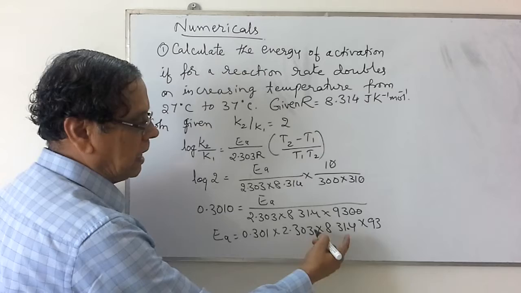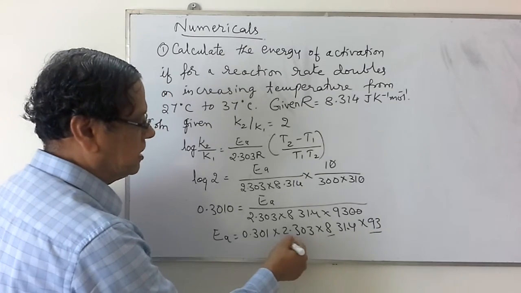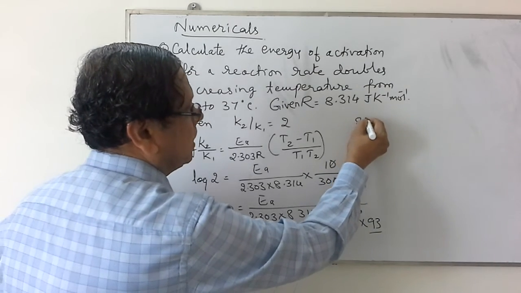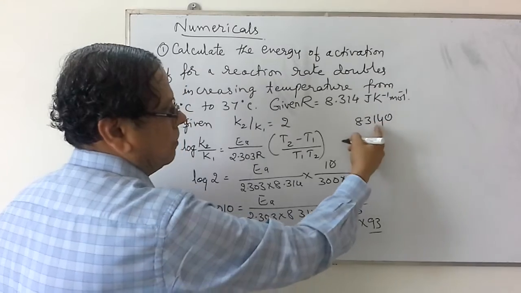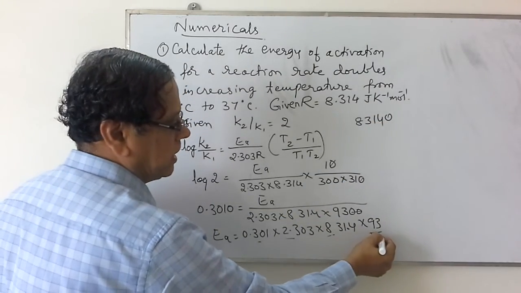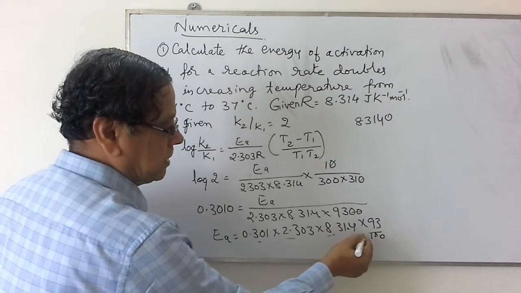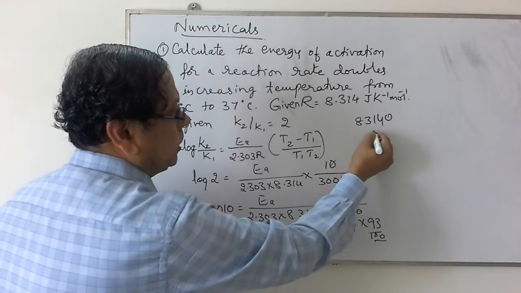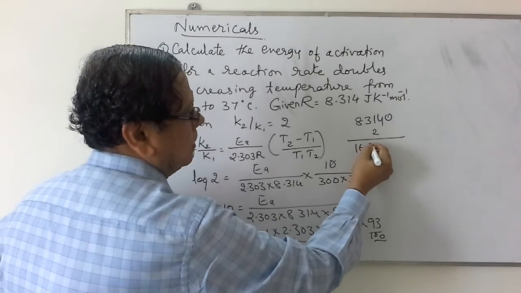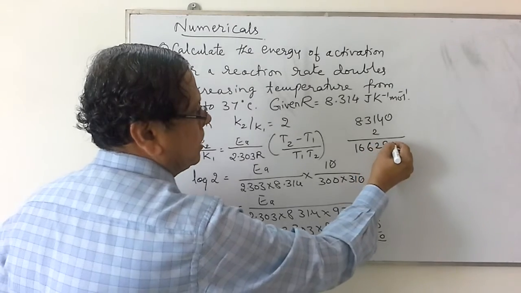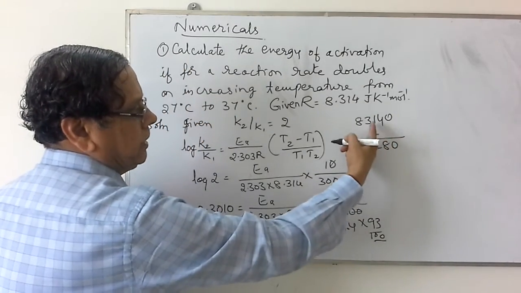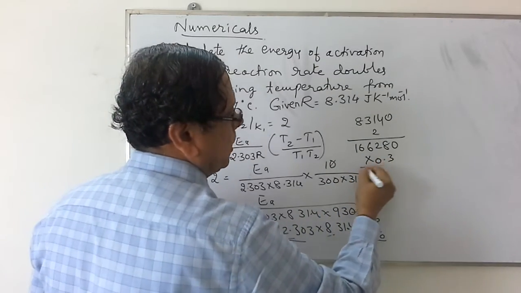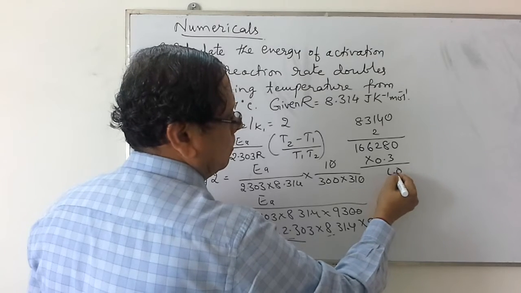If you approximately calculate, make this almost 100, this 8, this 2 and this 3.3. Then 100 into 831 is 83,140. Assume that this is nearly 100. Since I am increasing this one, I am decreasing this one, so it is taken as 2. Into 2 will be 16, into 0.3, approximately 0.3.